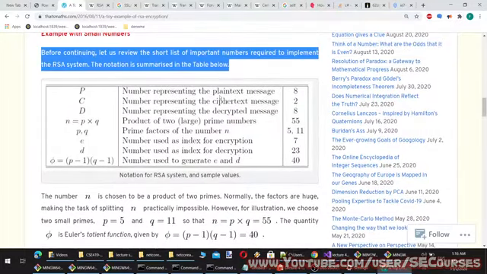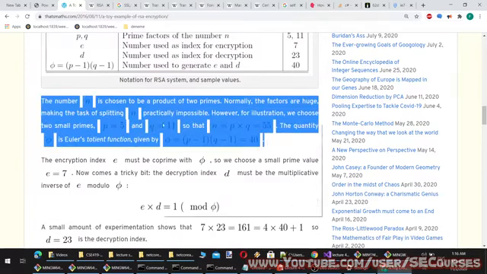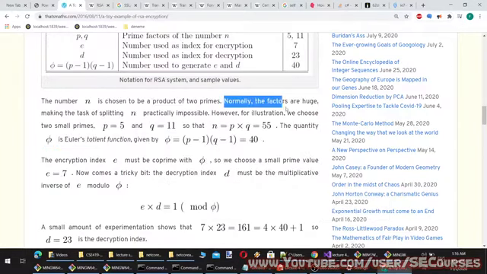Okay, so numbers representing plain text message, numbers representing ciphertext message, and such. Let's read it. I hope you can read it. The number is chosen to be a product of two primes. Normally, the factors are huge, making the task of splitting practically impossible.